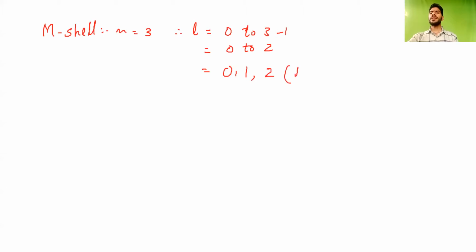So there are three subshells in this shell. The names of these subshells will be 3S, 3P, and 3D. Got it?